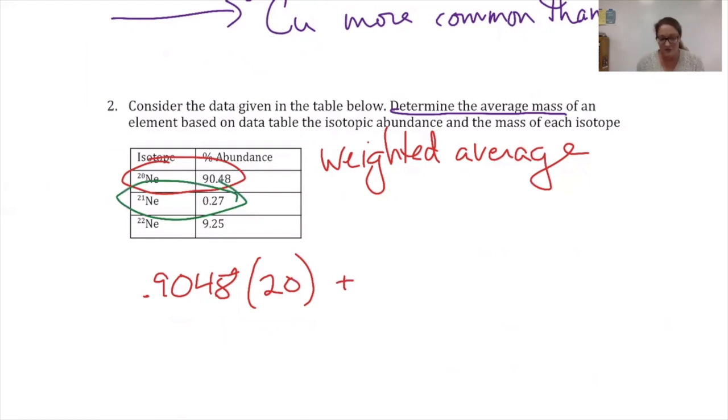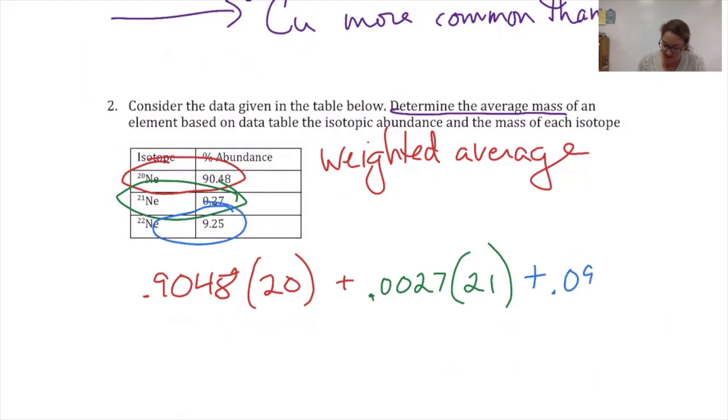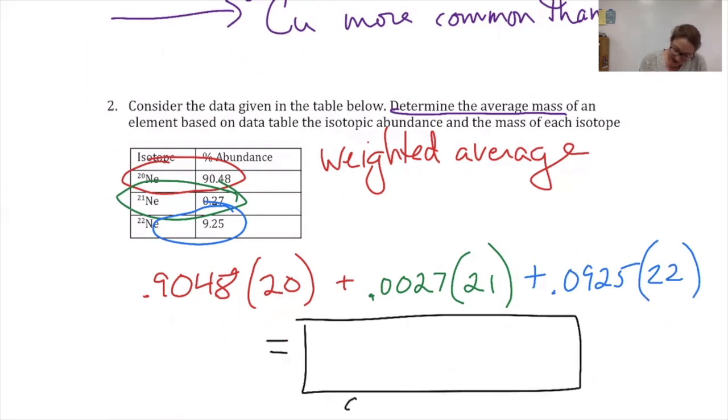I'm going to turn 0.27% into a decimal and multiply by the mass of that isotope. I'm going to turn 9.25% into a decimal and multiply by the weight of that isotope. This is going to give me the average mass.